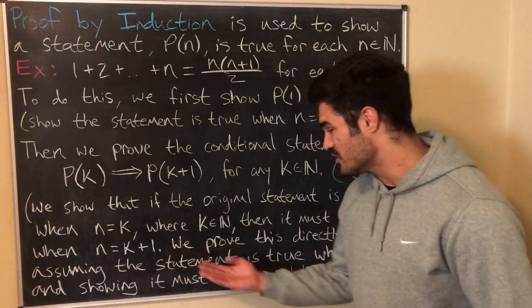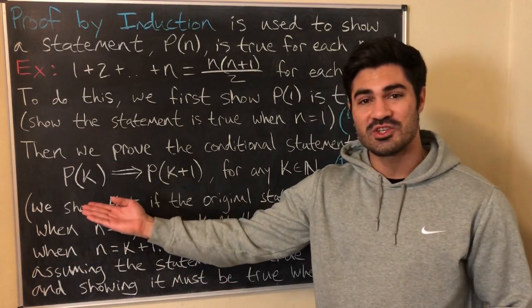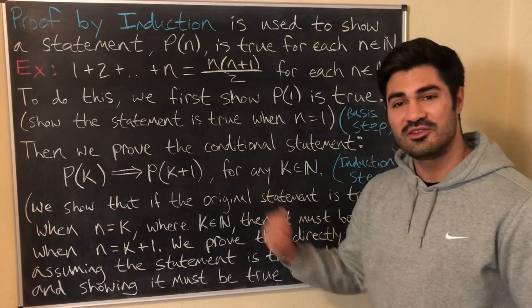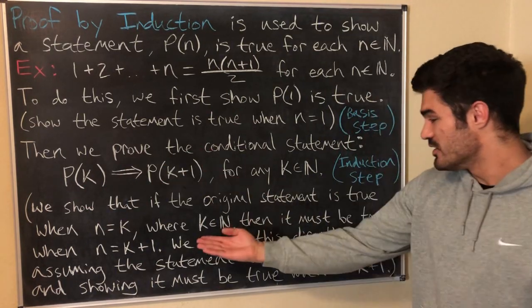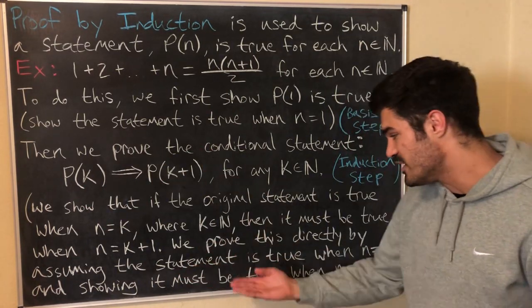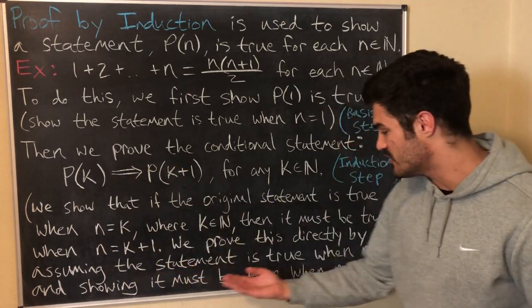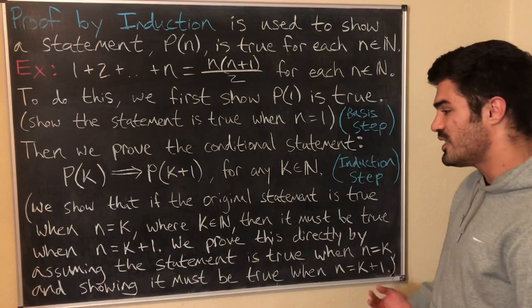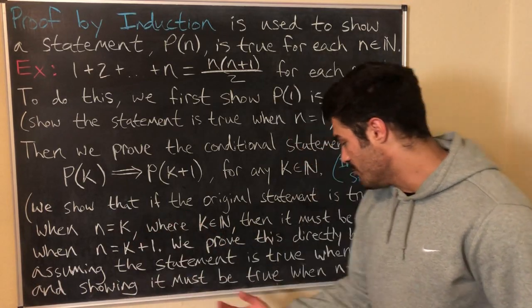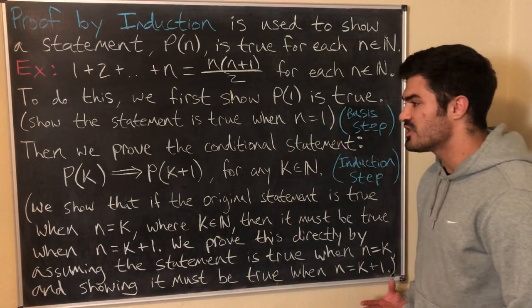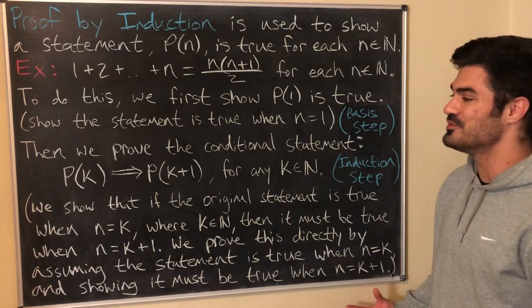But essentially how that works is that we assume the premise is true and show that the conclusion is true, right? So we prove this directly by assuming the statement is true when n equals k, because that's what our premise is, right? So we assume the statement is true when n equals k, and then we show it must be true when n equals k plus 1. Hopefully y'all can see this over here.